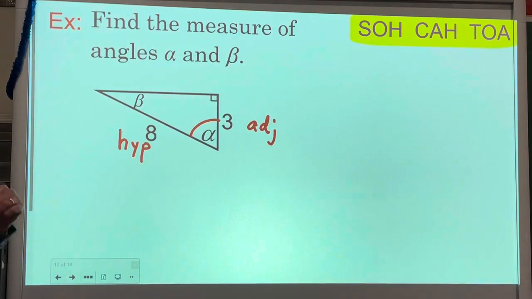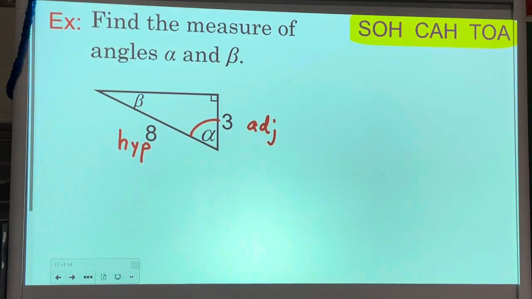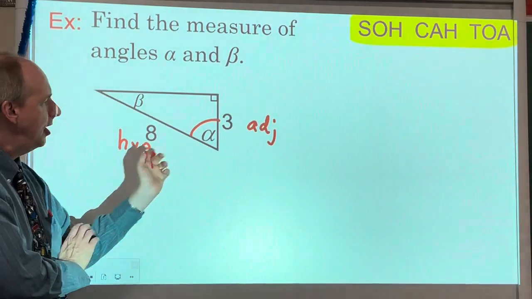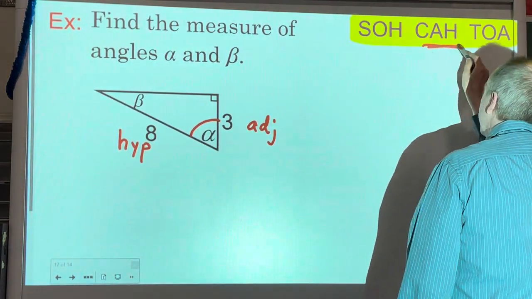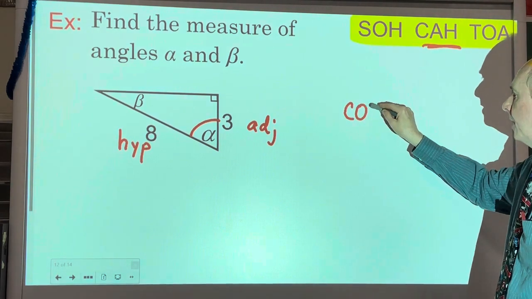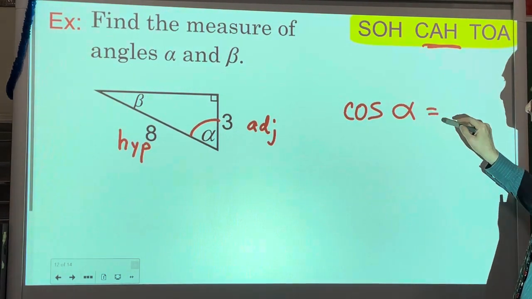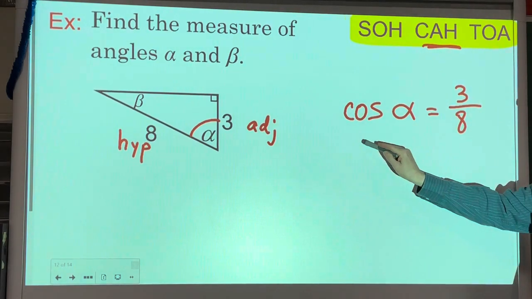If I'm doing beta instead, keep in mind, opposite and adjacent, they do change names. They trade places. Who works with adjacent and hypotenuse? SOHCAHTOA. Cosine. So, cosine of alpha equals adjacent over hypotenuse.